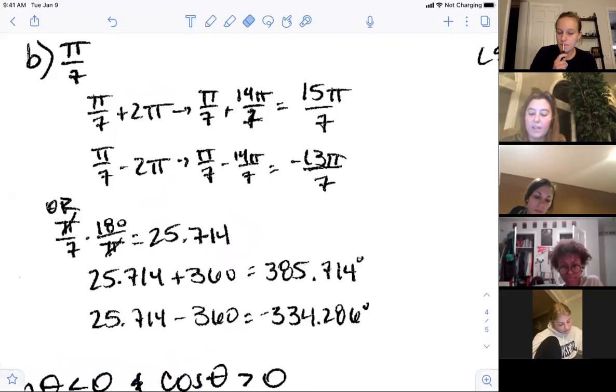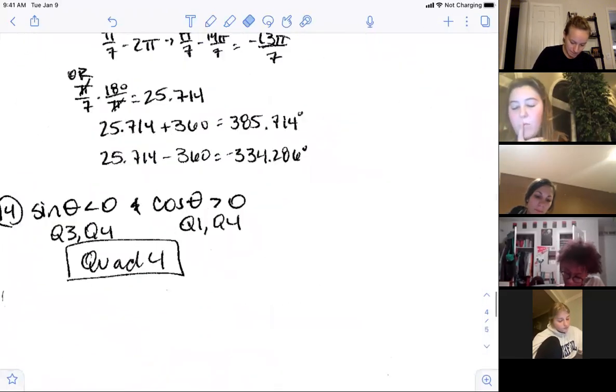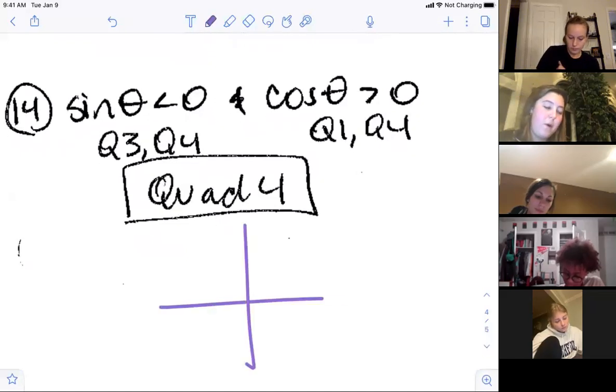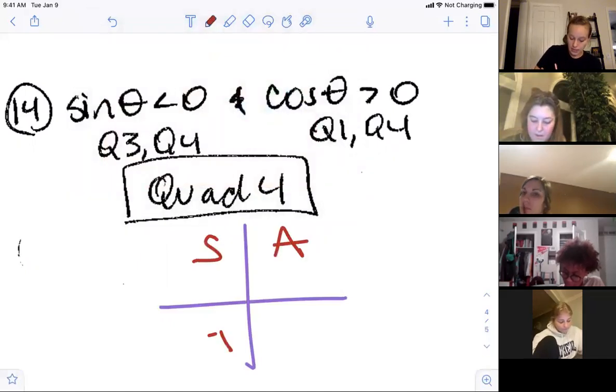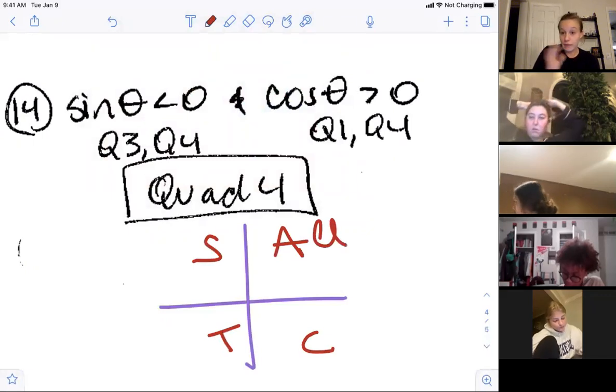For 14, could you go over, again, the different ones where sine is positive, you know what I mean? Yep. So all students take calculus. That's our little easy mnemonic to remember these. A means all trig functions are positive.